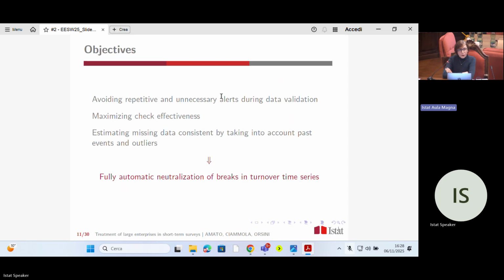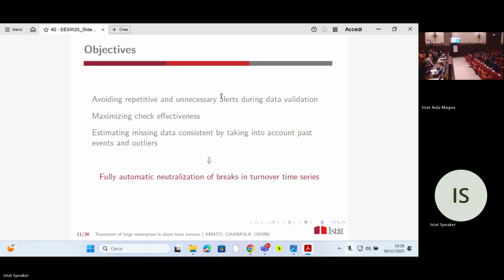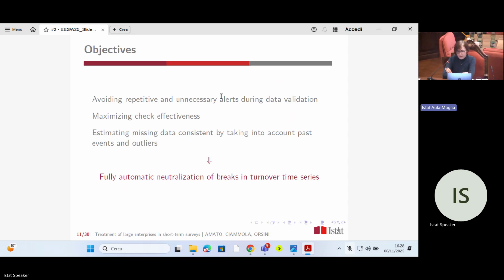And so what we want is avoiding repetitive and unnecessary alerts during data validation when we use year-on-year growth rates. We want to maximize check effectiveness, and we want to estimate missing data by taking into account past events and outliers.